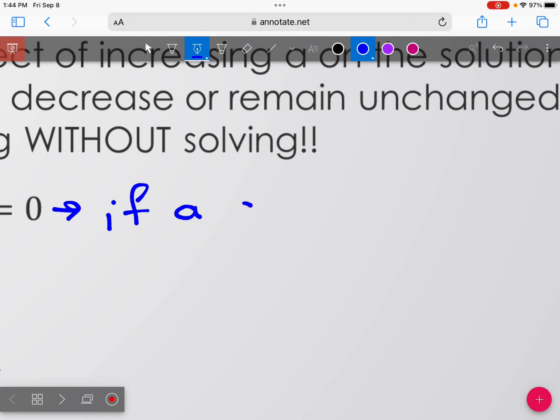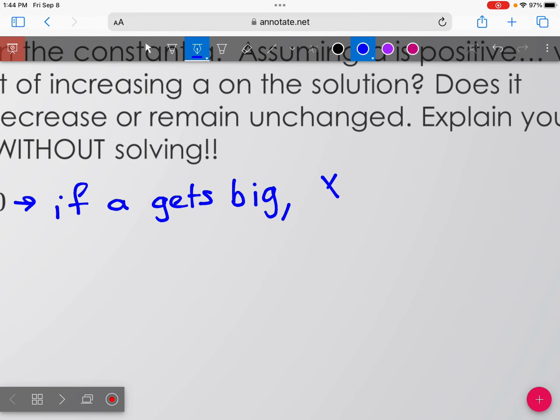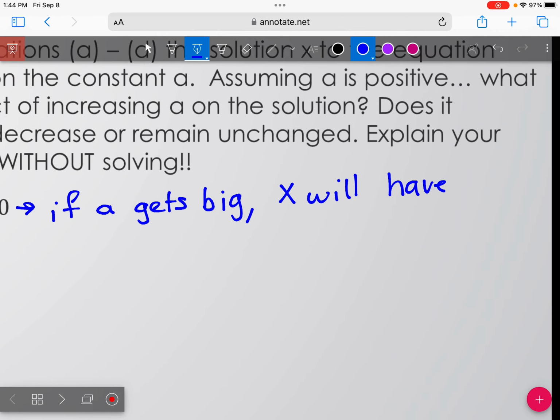If a gets big, x will have to get just as big. Because for x minus a to equal 0, x and a are going to have to be the same thing.